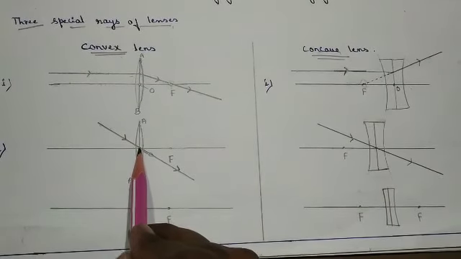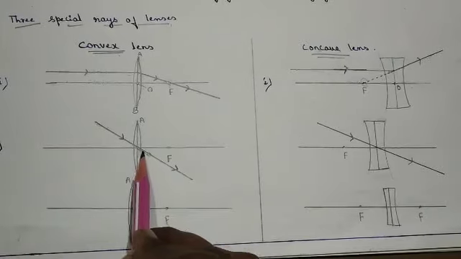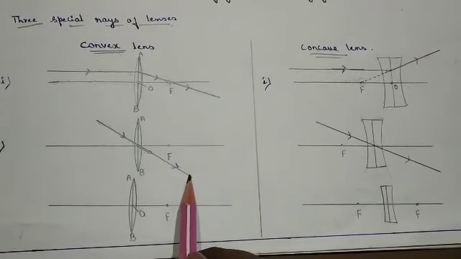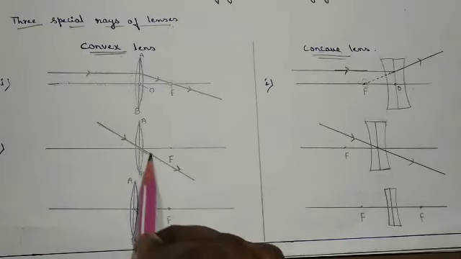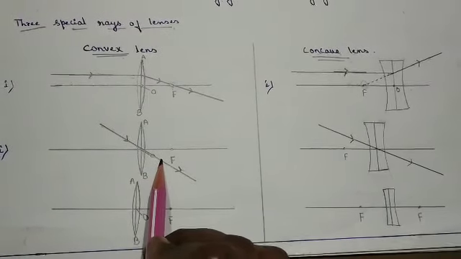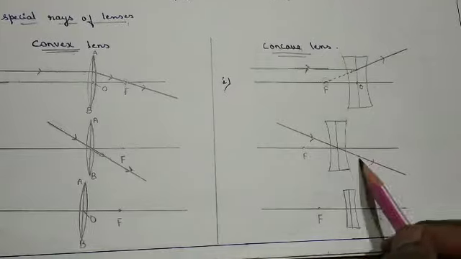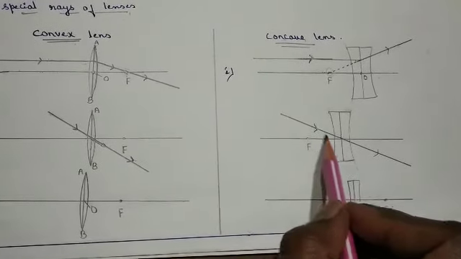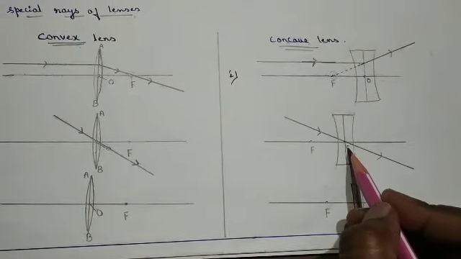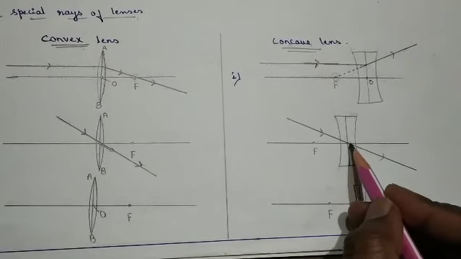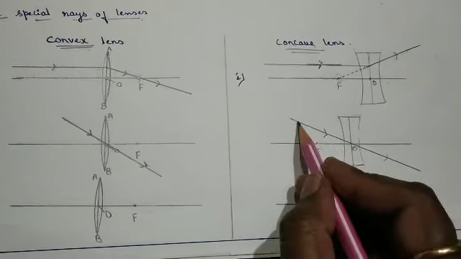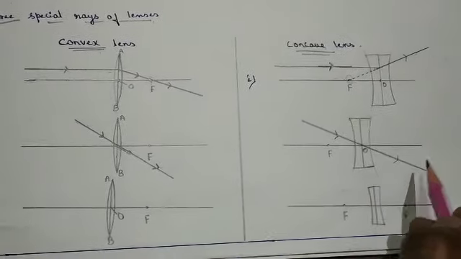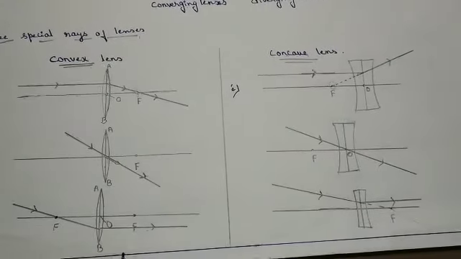After refraction it passes in a straight path, it propagates in a straight way, means here it goes undeviated from the lens in the convex. And in the concave lens also, if the incident ray is allowed to fall directly on the optic center, the refraction is undeviated, means it passes in a straight way. This is the second rule.